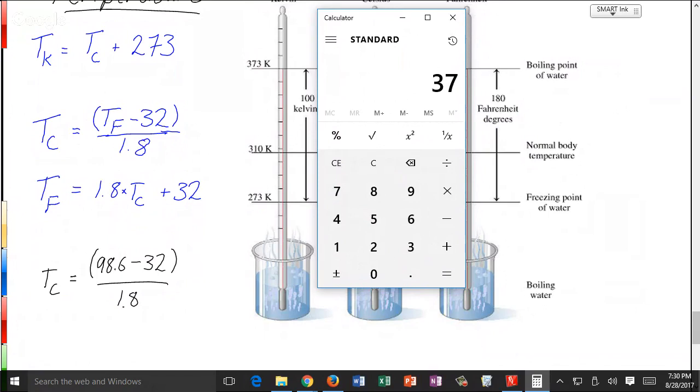Does anybody have a graphing calculator out today? You have one? Can you type it in the wrong way and see what we get? If you don't mind. So don't use the parentheses and just do 98.6 minus 32 divided by 1.8.